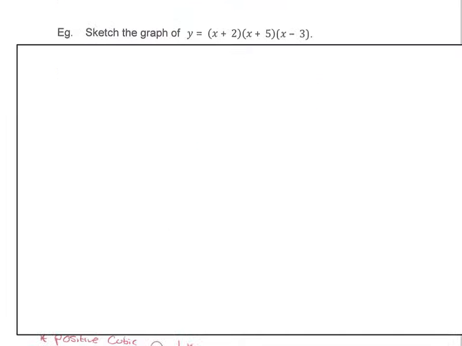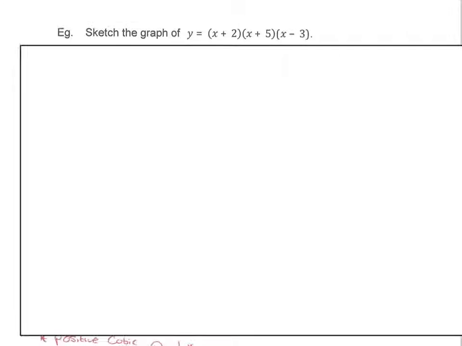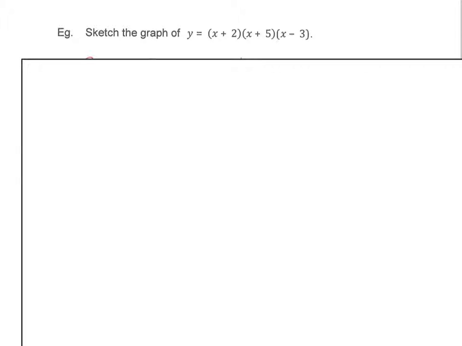Our second example of sketching curves: you can see from this we have a cubic. If we were to expand it out, we would have an x cubed. However, I'm going to keep it factorised at the minute. So again we want to find the roots of this equation, the points where it crosses the x-axis. We do that by letting y equal 0.